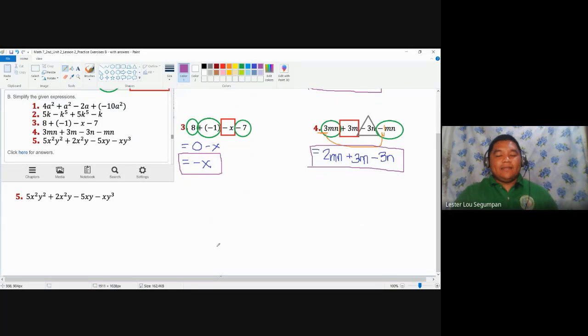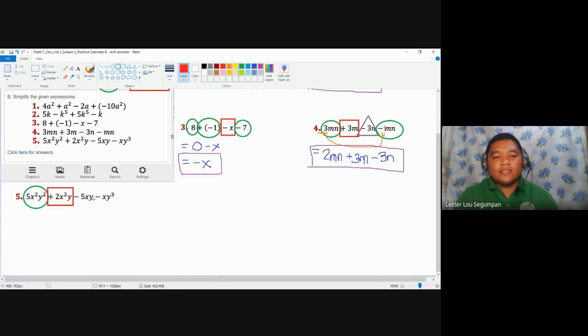Let's have the last item, number 5. The first term has literal coefficients x squared, y squared. The second term has literal coefficients x squared but y. So this is not the same with the first term. The third term is xy, so it's not the same as the first term.